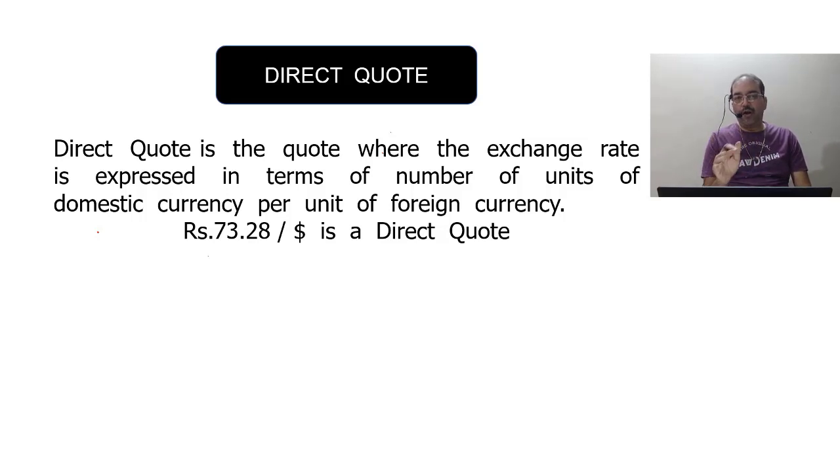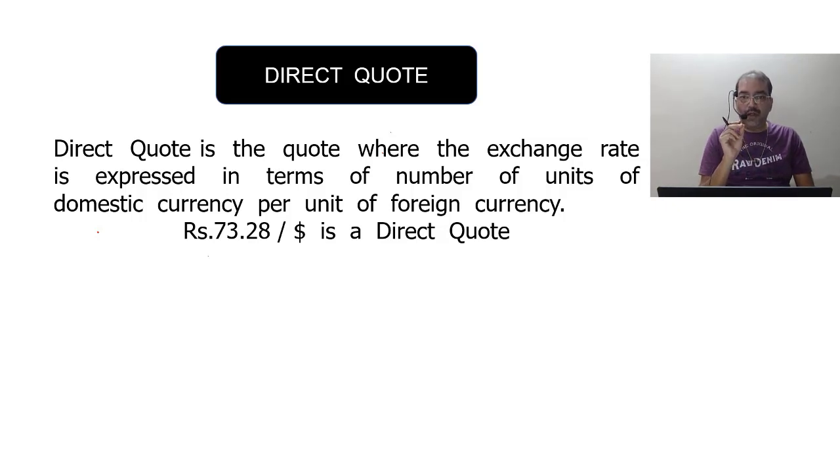Right hand side it may be dollar, it may be pound sterling, it may be Singapore dollars, it may be South African dollars, it may be yen, it may be any other currency. Rubles. Rubles is the currency of Russia. Dutch guilders, Dutch, not Hong Kong. Hong Kong dollars is separate. Dutch people. Okay. So like that, right hand side may be anything. Left hand side should be my domestic currency.